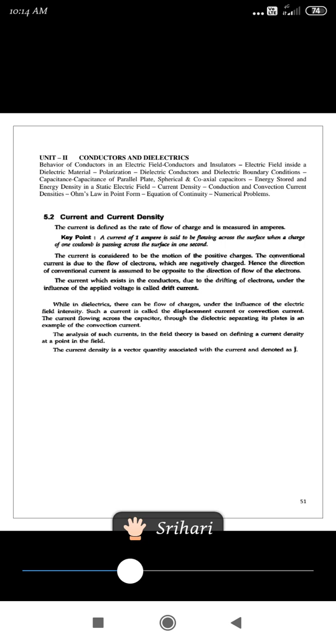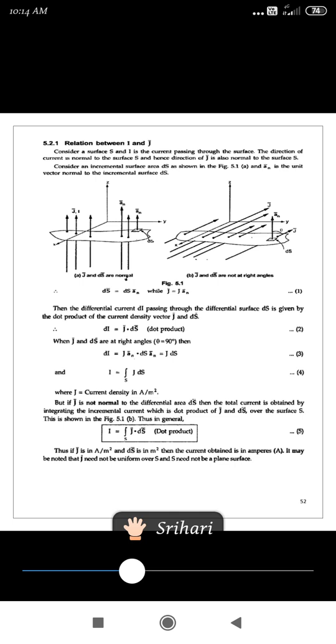The analysis of such currents in field theory is based on defining a current density at a point in the field. The current density is a vector quantity associated with a current and denoted as J bar.